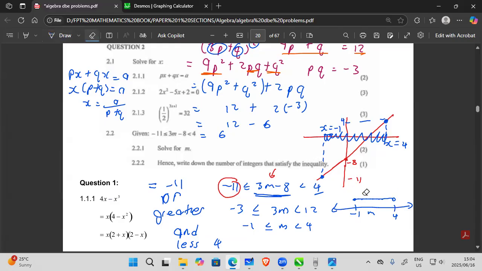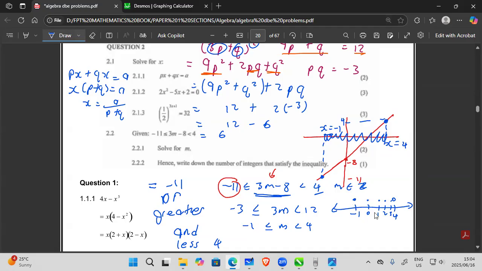Because I can take it a step further. If you really want me to push your thinking, I can take it a step further. I can say m must be an element of the integer set. If m must be an element of the integer set, then the integers between -1 and 4 are what? 0, 1, 2, and 3. So only at these discrete points could we include.